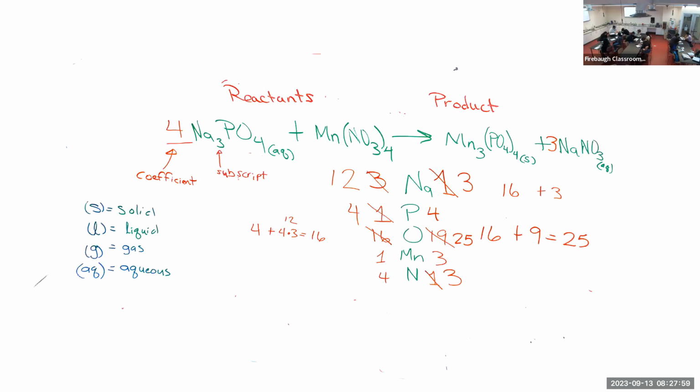We have 4 times 4, 16, plus, over here, 4 times 3, 12. 16 plus 12 is 28. Okay. So our phosphorus are good.